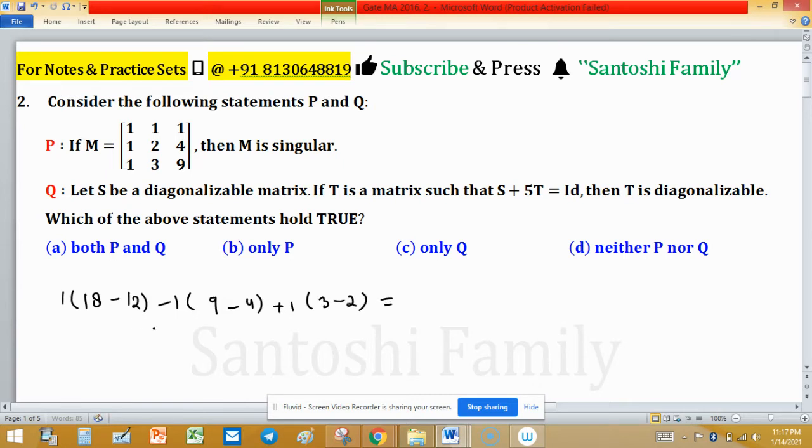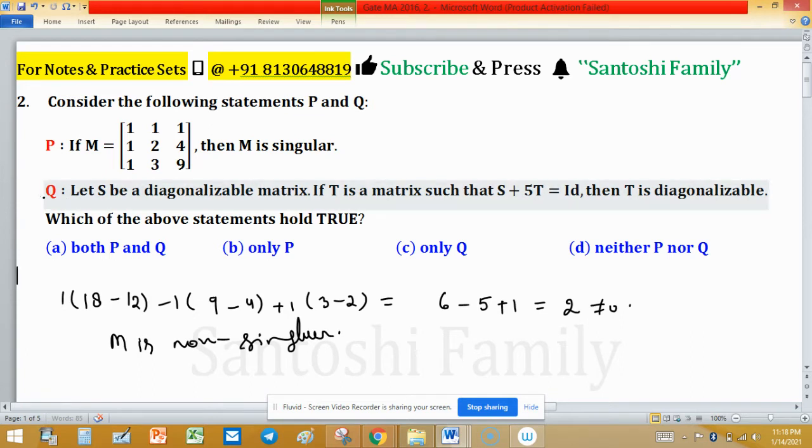It will give you 6 minus 5, so minus 5 here, and 3 minus 2 plus 1. So the determinant is 2, not equal to 0. So M is singular? No, M is non-singular. M is non-singular, so statement P is false here.